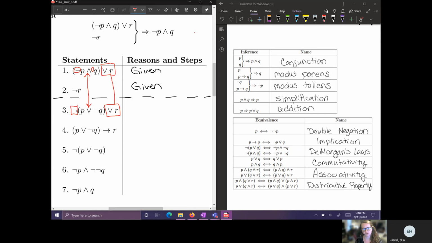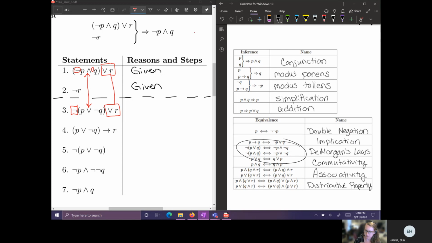And there's a not that appears outside. So look at those differences and look over at our rules and see which rules take care of them. Which rule here moves my negatives around and also changes the sign in the middle?